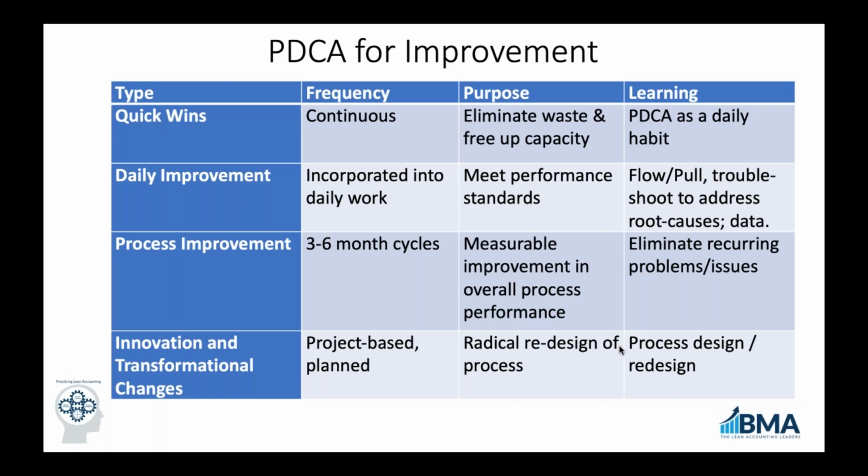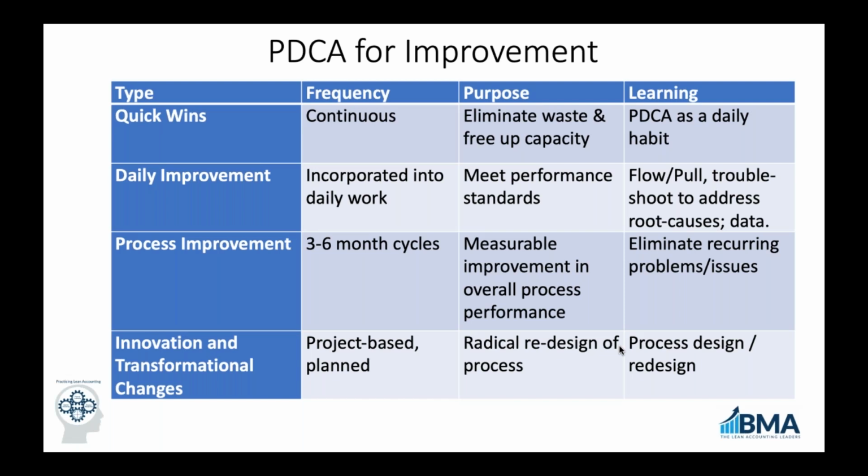Then when you get into the more complex problems, this is where you really need to plan. So for overall process improvement, what is our goal for improvement in 3 months or 6 months? And then you typically create scheduled events. Okay, we're going to take a day, for example, and try to solve this one problem.